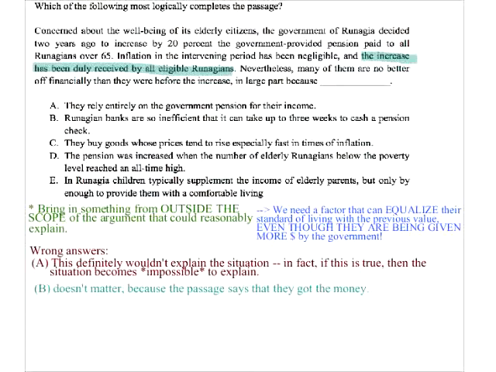C talks about what happens in times of inflation, but you've got to read the passage. This is irrelevant because it discusses what happens during inflation. And the passage actually guarantees us that there is no inflation or negligible inflation.